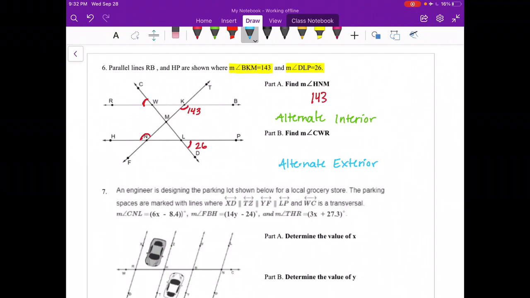And once again, any two alternate exterior angles are going to be congruent as well. So if DLP is 26 degrees, then CWR also has to be 26 degrees. And that's it for question number 6.